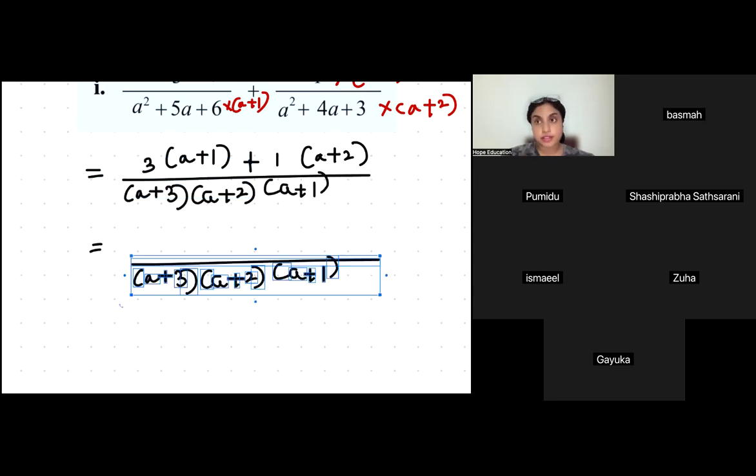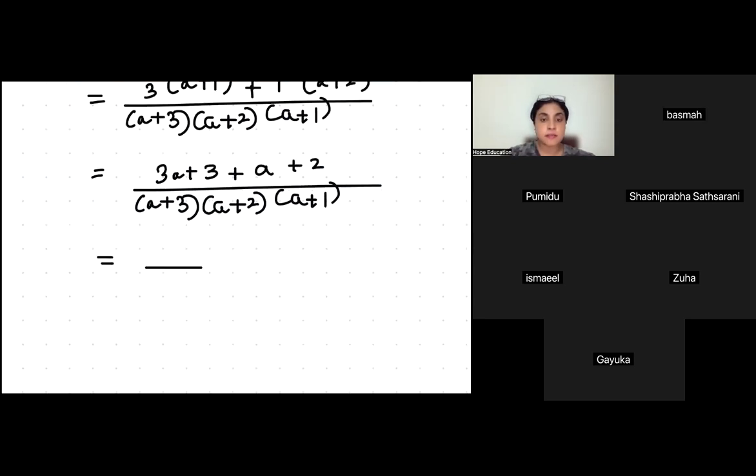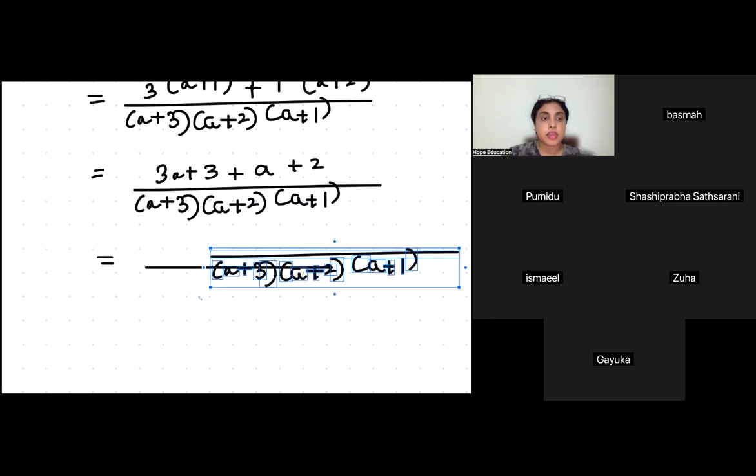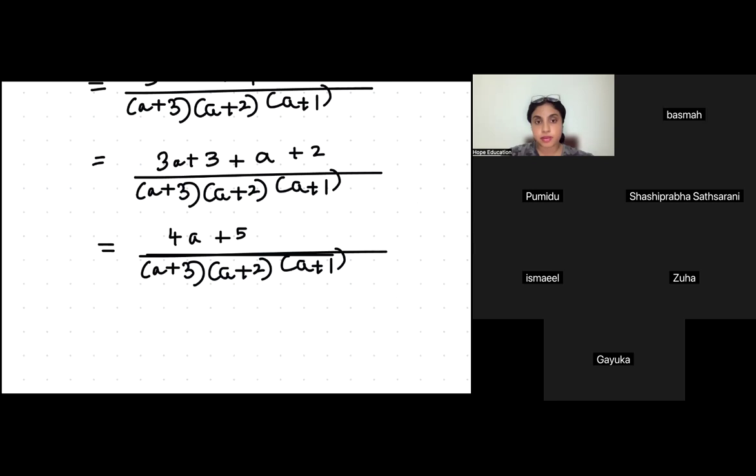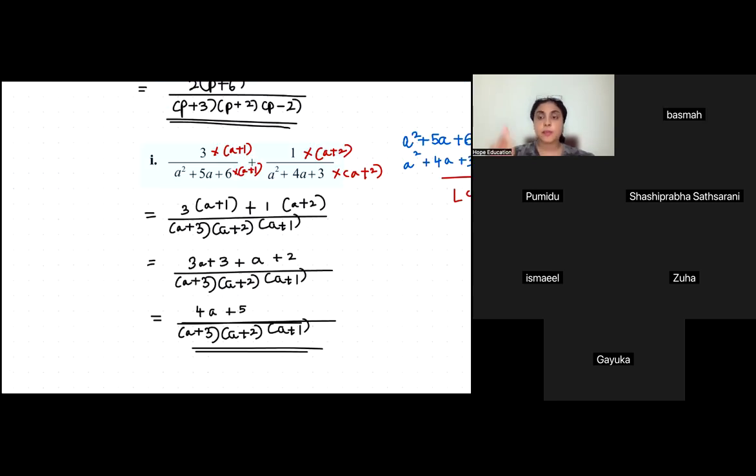Let's look at how the numerator changes. 3 times a is 3a, 3 times 1 is 3, 1 times a is a, 1 times 2 is 2. Again the denominator is the same. 3a plus a is 4a, 3 plus 2 is 5. So this should be your answer. This cannot be further simplified. Is this question clear? Give me a thumbs up.